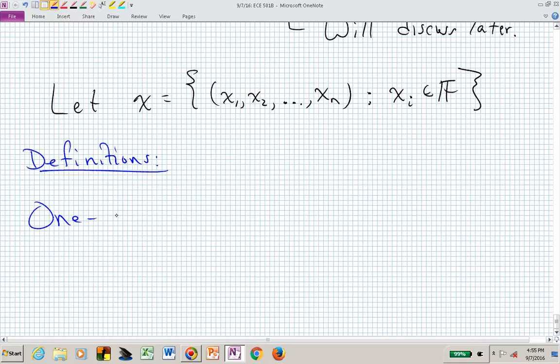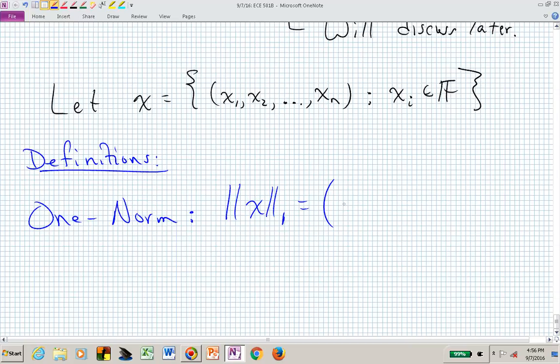Suppose I now say that the one norm, we will label norms as two vertical bars surrounding our vector x, and I'm going to represent the one norm by a subscript 1. Remember, the coordinates x sub 1, x sub 2 belong to our field.